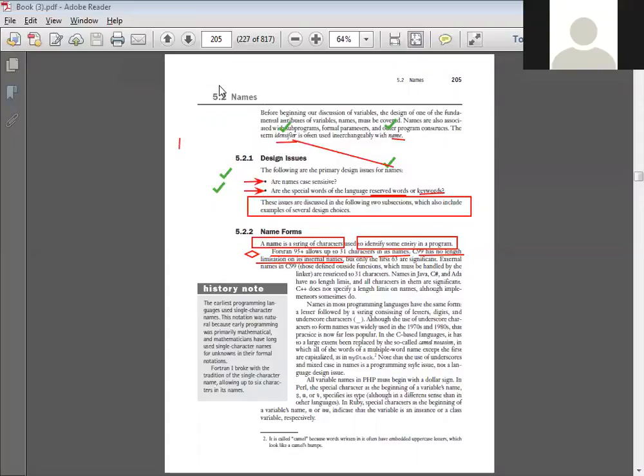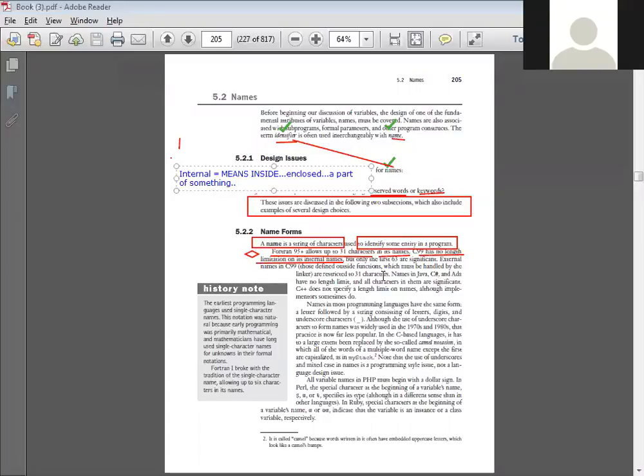Internal, I-N-T-E-R-N-A-L, means inside, enclosed, a part of something. This is what it means to be internal.